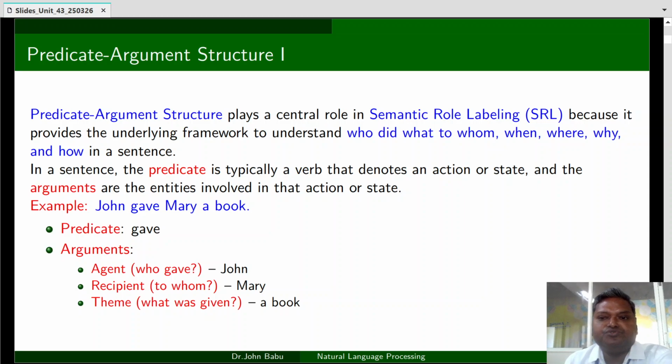Now, we'll start with predicate argument structure. To understand the meaning of a particular sentence, we need to understand the predicate or the verb in the given sentence.